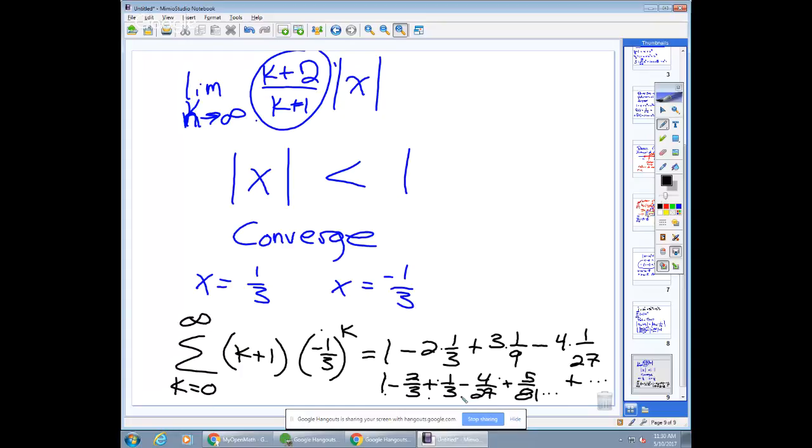What the ratio test doesn't tell us is what's happening on the fringes, on the edges, right? So what we know right now is we have convergence in between 1 and -1. The ratio test is inconclusive at 1. That means we need to find another test at 1. So let's just check to see what's happening at 1.